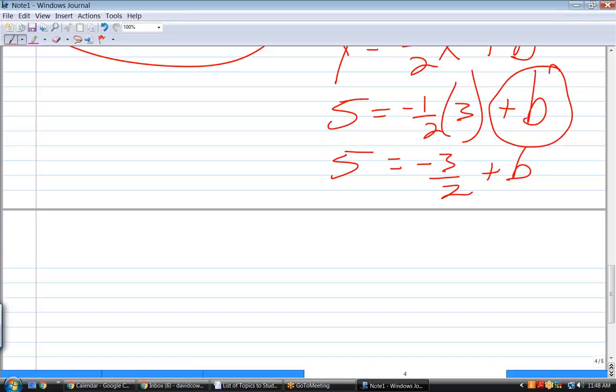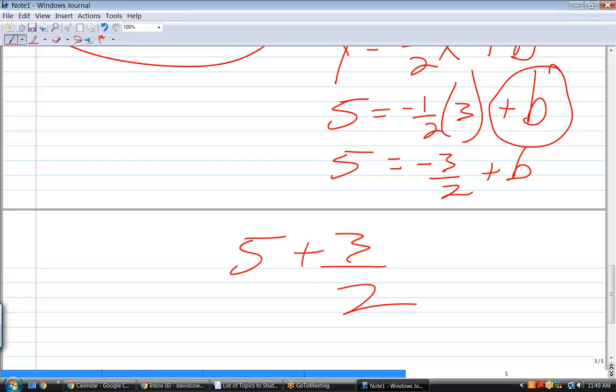Leave it as a proper fraction. So I've got 5 plus 3/2. Right? That's what b is equal to? What is that equal to?